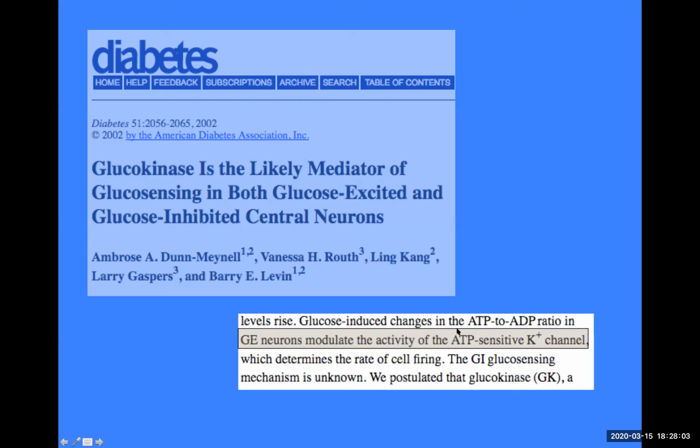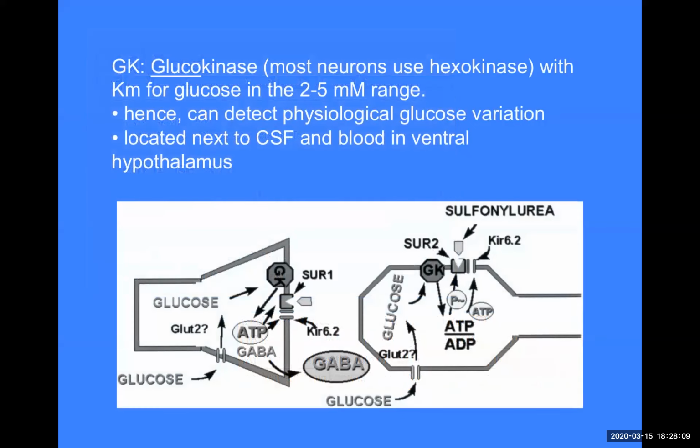And so this GE neuron, this glucose-excited neuron, is directly linked to glucose levels causing firing because of this ATP-sensitive potassium channel. Now, it used to be, this is 2002, that we didn't know about GI neurons. That's no longer true. In fact, I'll tell you about that in a second. But here's a summary slide. Glucokinase, this enzyme that is not hexokinase, changes how much glucose is used and how much ATP is made in this range of concentrations. There's about 1 to 2 millimolar of glucose surrounding your brain cells.